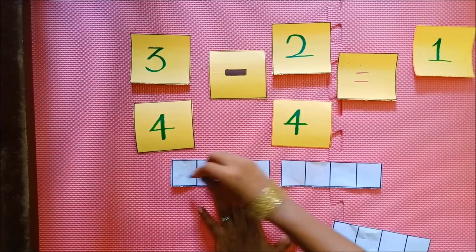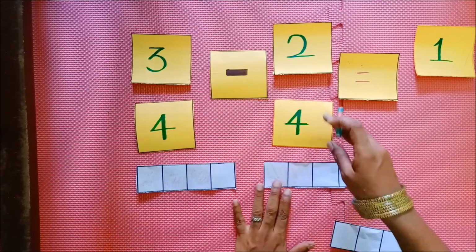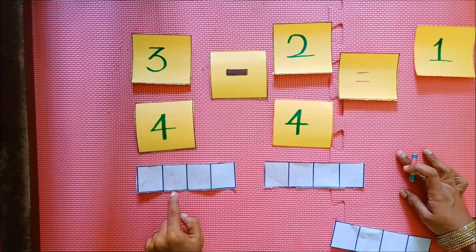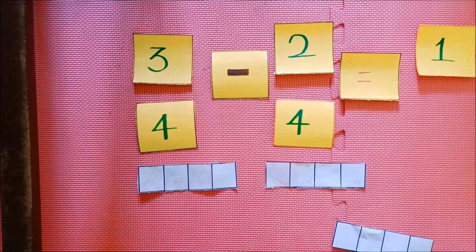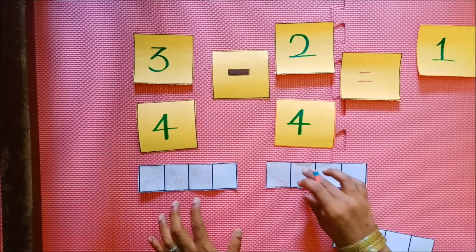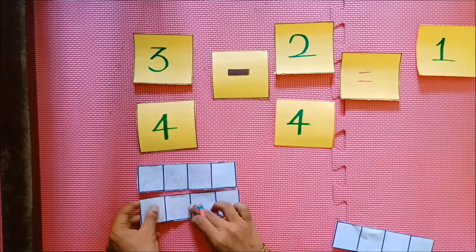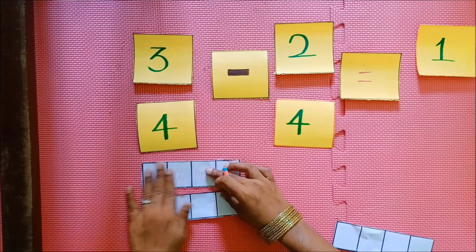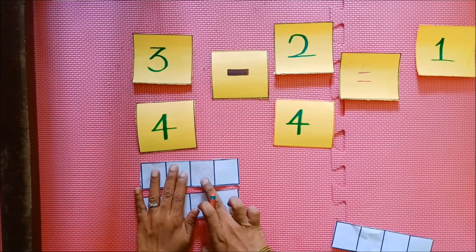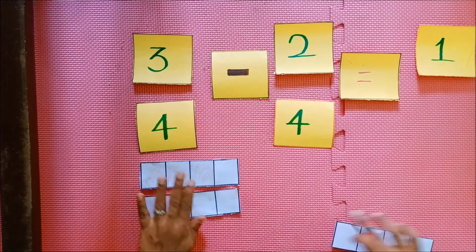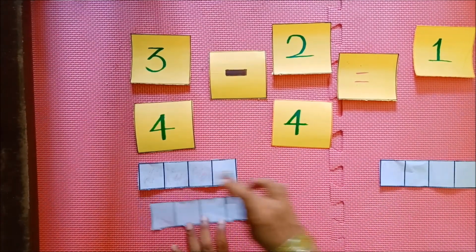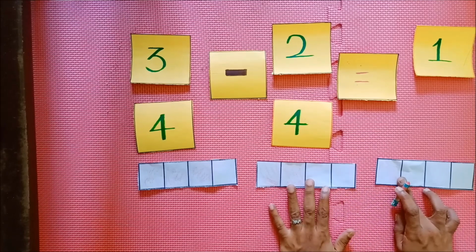From the 4 we have shaded 3 portions for the first one, and for the second one, out of 4 portions we shade only 2 portions, because this is 3 by 4 and this is 2 by 4. So how can we find the answer? From these 3 by 4, you subtract the 2 portions. That means you erase the first and second portions from this one. Then only one portion remains shaded. So 3 by 4 subtracting 2 by 4, our answer is 1 by 4.